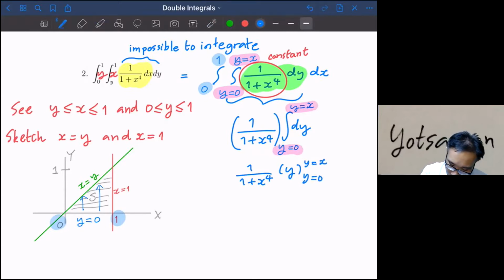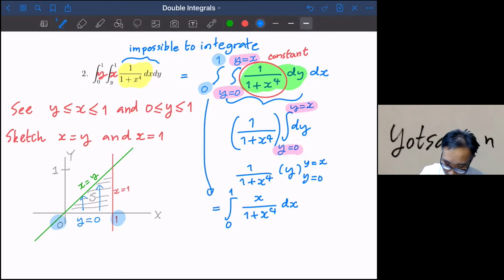So it's going to be x over 1 plus x to the 4th, and you integrate from 0 to 1 dx. Okay, and dx just comes down here.